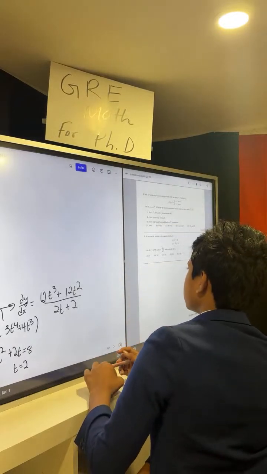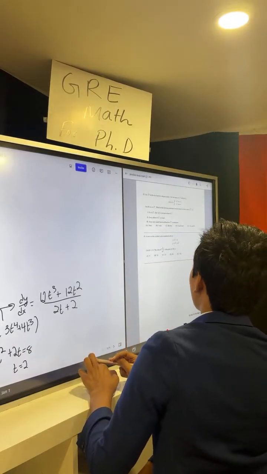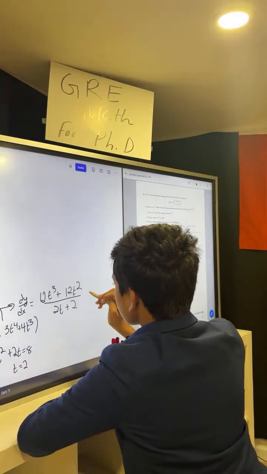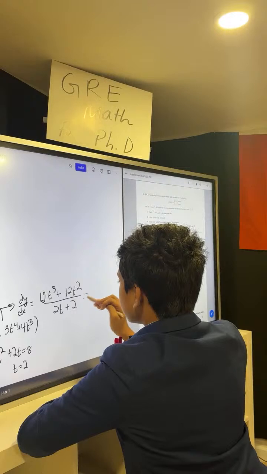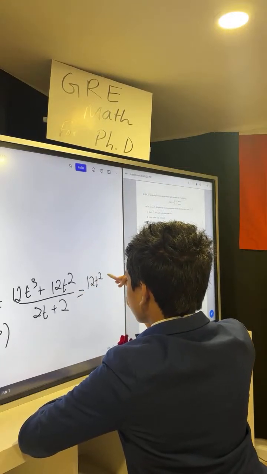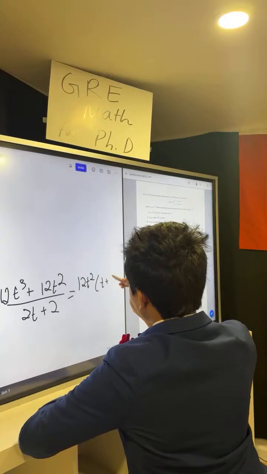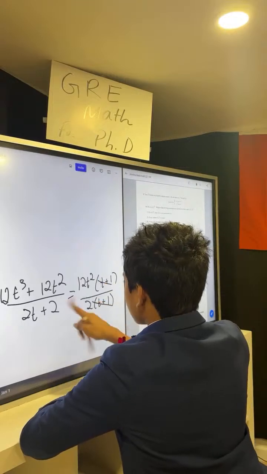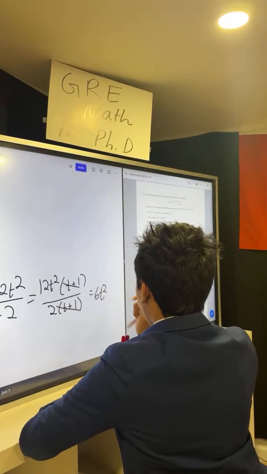Okay, because that's dy dt over dx dt. So that implies that this is equal to what? 12t squared times t plus 1 over 2 times t plus 1. So we have 6t squared.